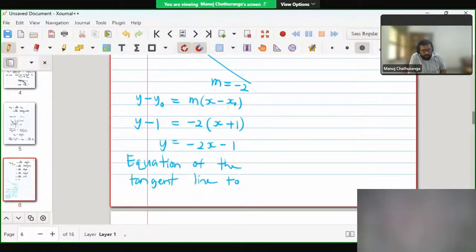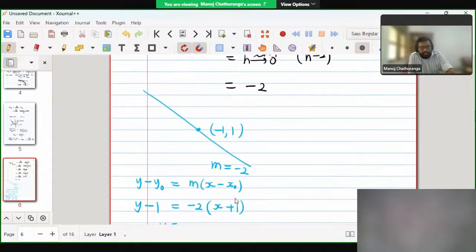To y equal x square at -1, comma 1. At different points, we have different tangent lines. But this is the equation of the tangent line to this curve at -1, comma 1.